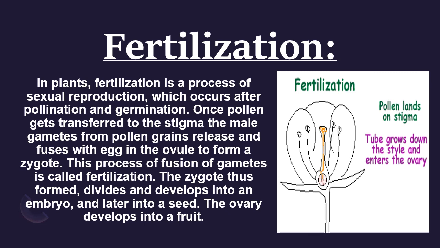The zygote thus formed divides and develops into an embryo and later into a seed. Isn't this astonishing? And by the way, guys, the ovary develops into a fruit. The picture is explaining fertilization.